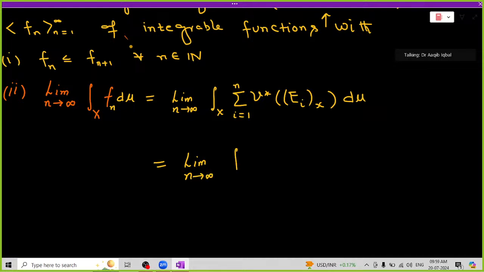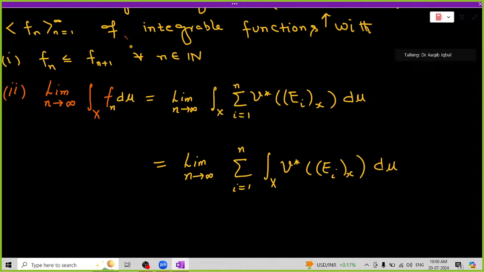फिलहाल इंटीग्रल की linearity इस्तेमाल करके इसको ऐसे लिख सकता हूँ, summation I runs from 1 to n integral over x nu star of the x section of e sub I d mu. ठीक है.